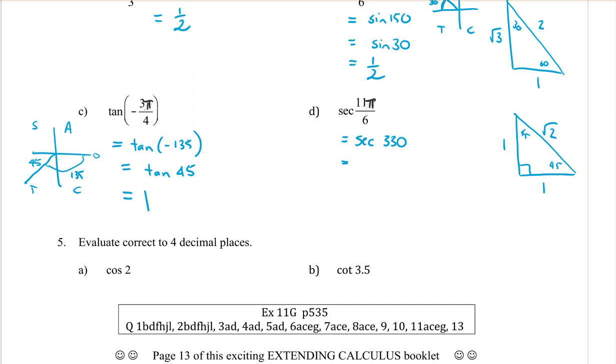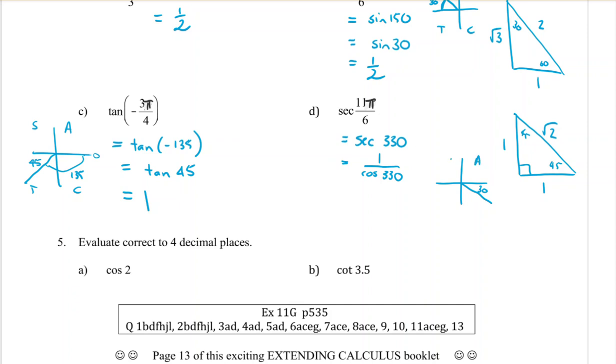Remember, it's the third letter, so the third letter of sec is cos, so it's going to be 1 over cos of 330 degrees. 330 degrees would be in the fourth quadrant down here, and if we did 360 minus 330, it would tell us that the acute angle is 30 degrees.